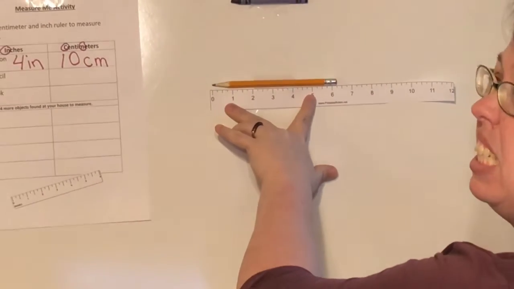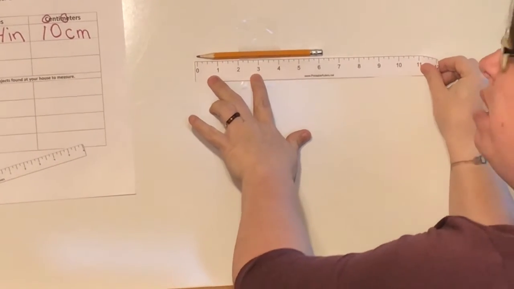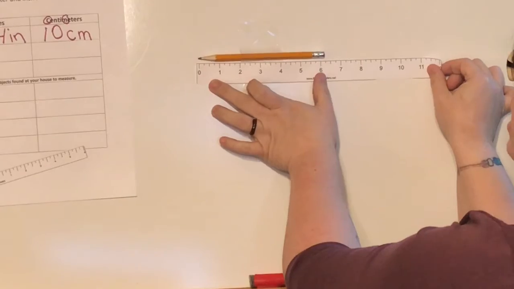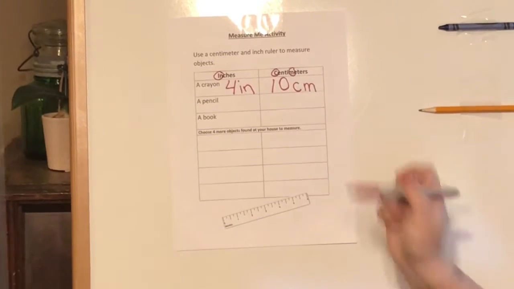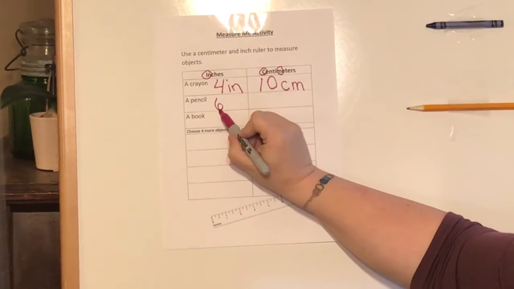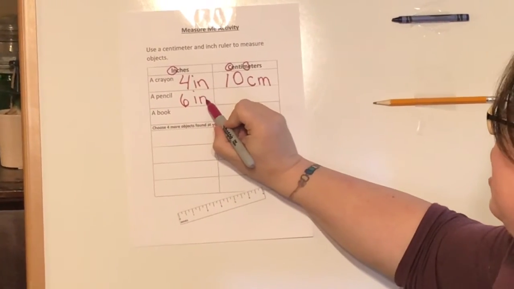We're at about 6 1/4. But we're going to go ahead and round. We're going to make it round down to 6 because it's closer to 6 inches than it is to 7 inches. So here under our worksheet, we're going to write 6. And then we're going to put our unit of measurement, inches.